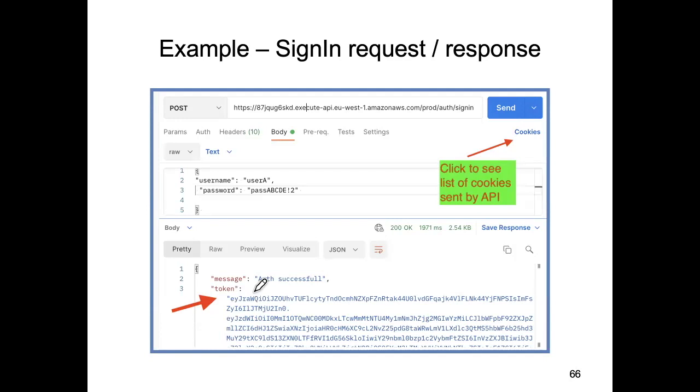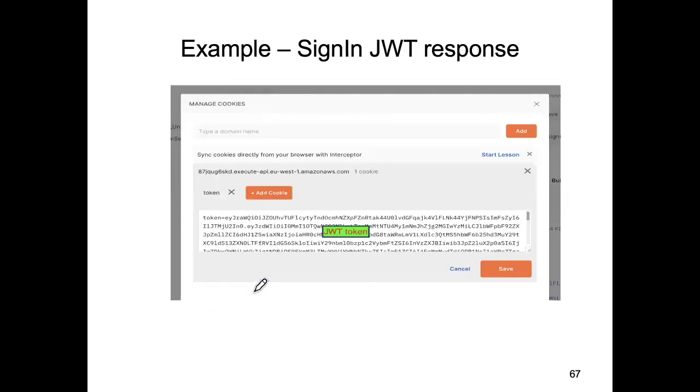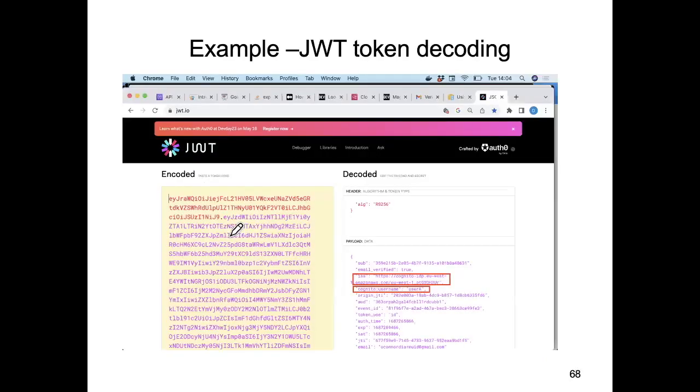Sign and request response, that's okay. I've demonstrated that to you, and I've shown you where you can access the cookie and then the token within the cookie. If you want to, you can take the full text of the JWT token, go to this website and paste in the token.